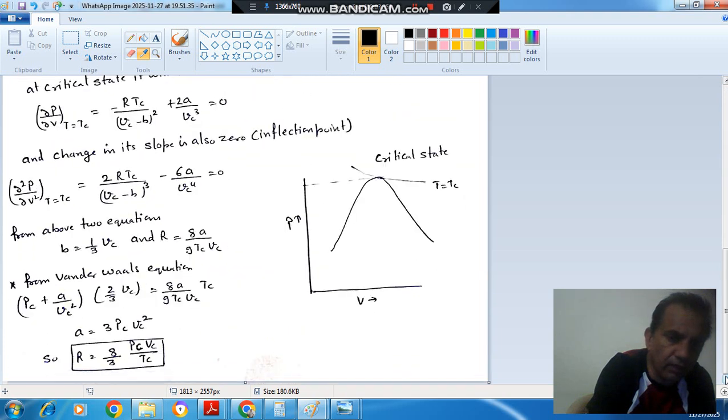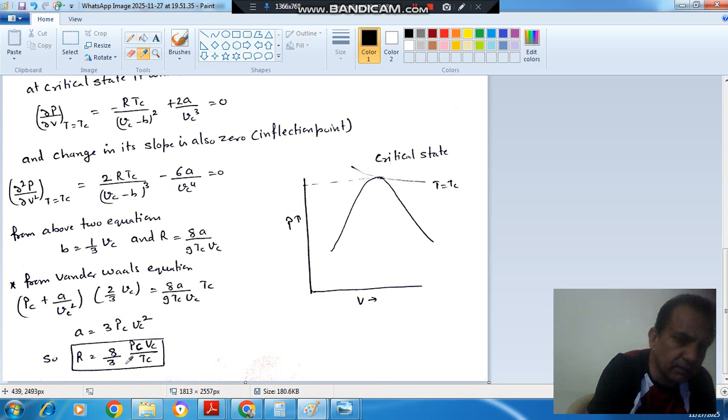The value of a will come out as 3 Pc vc². Or if we now put the value of a in the value of R, then we will get the value of R as 8/3 Pc vc/Tc, where Pc is the critical pressure, vc is the critical specific volume, and Tc is the critical temperature.